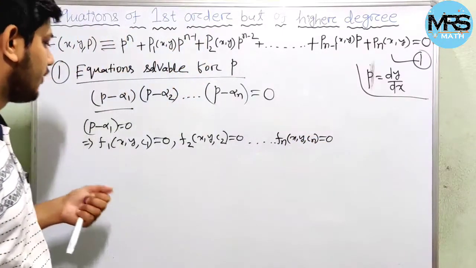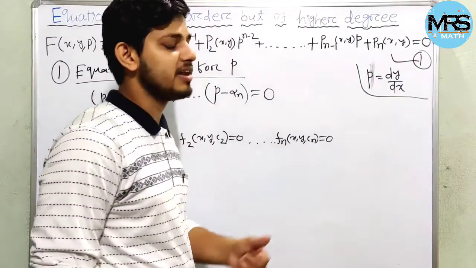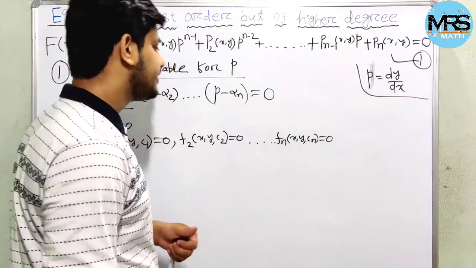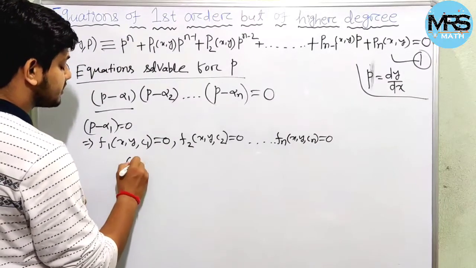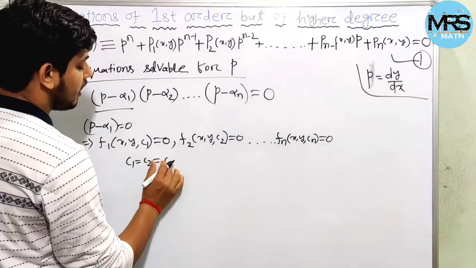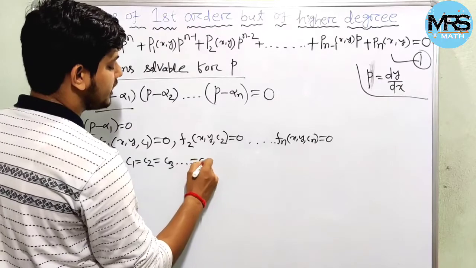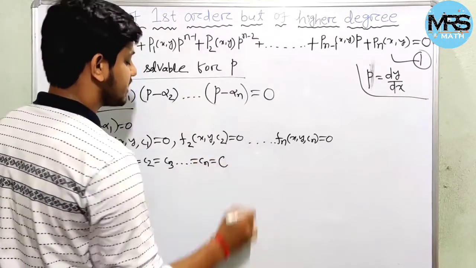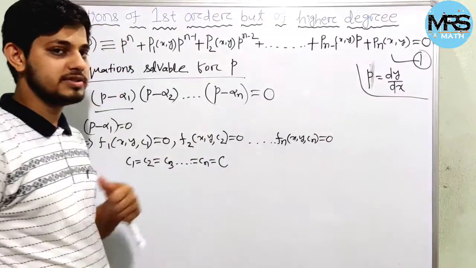Here c1, c2 and cn are the integration constants. If we take c1 equal to c2 equal to c3 up to cn equal to some constant c, there will be no loss of generality.